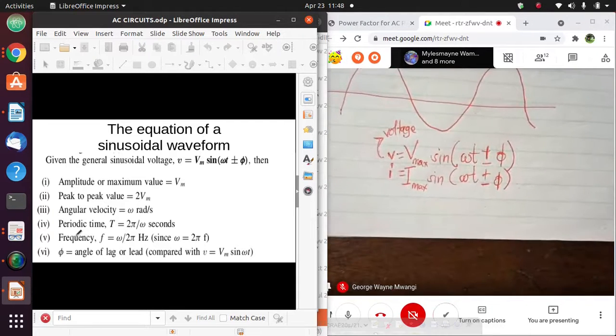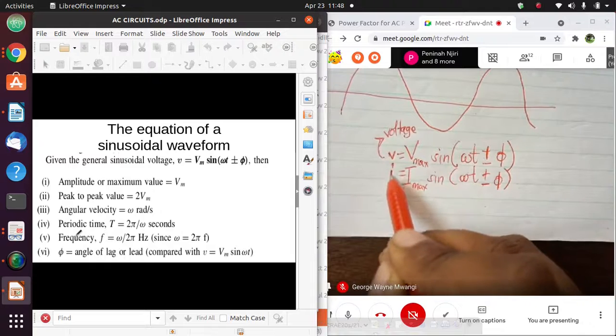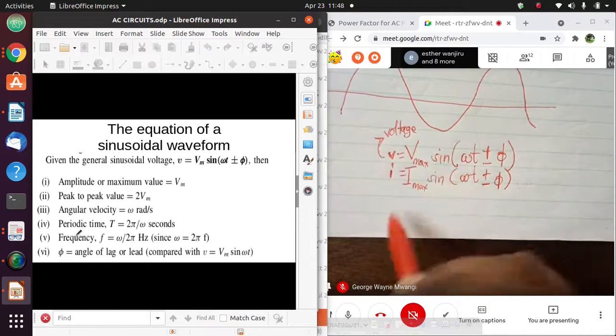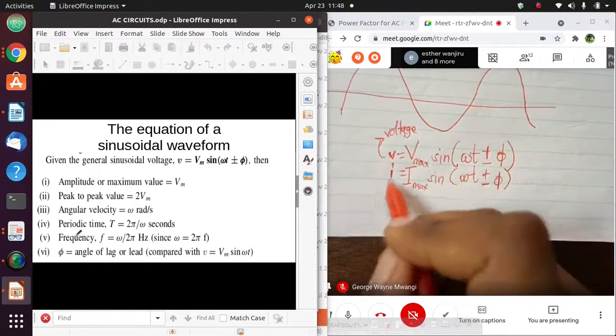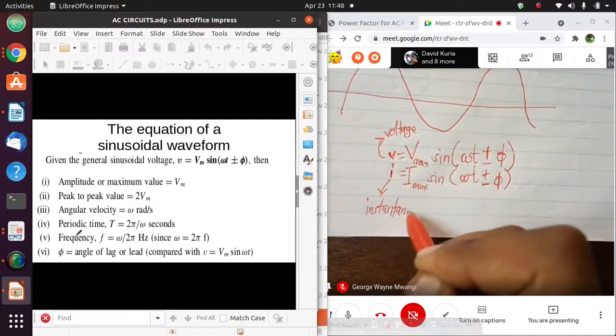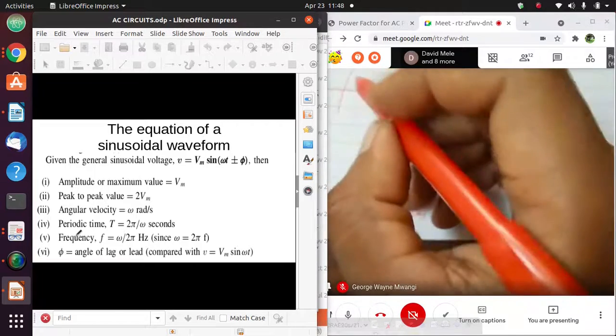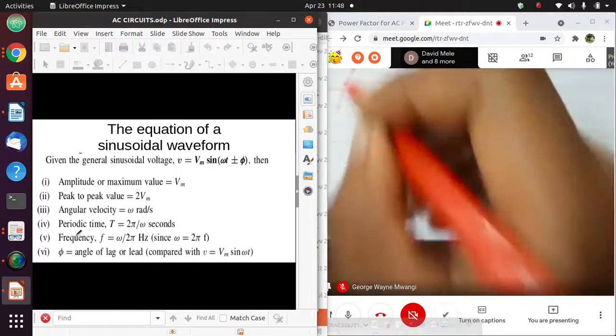Now, as we were talking about AC values, sijui kama mnakumbuka when I was mentioning when to use these small letters na capital letters ina represent nini. These small letters represent instantaneous values, AC values. So kama ni voltage, it is mfano the voltage at this point is different from the voltage at that point.